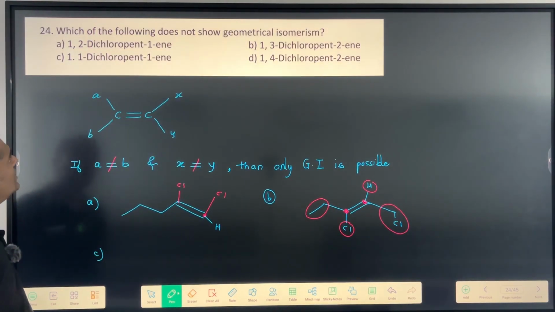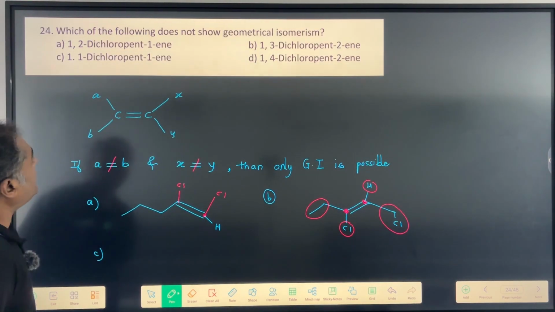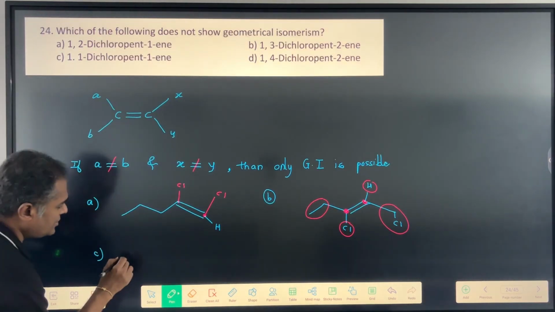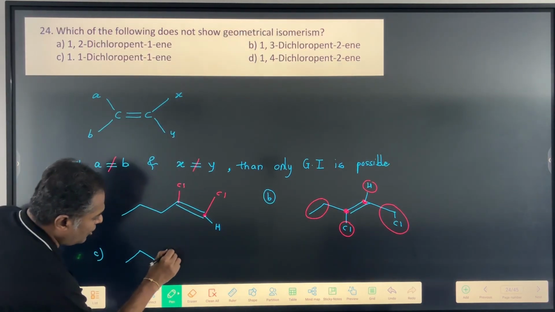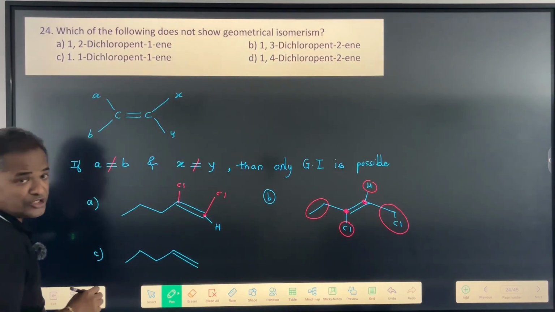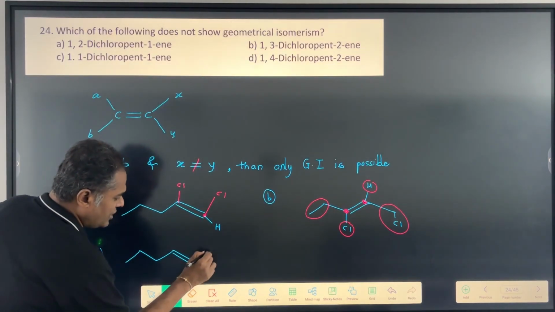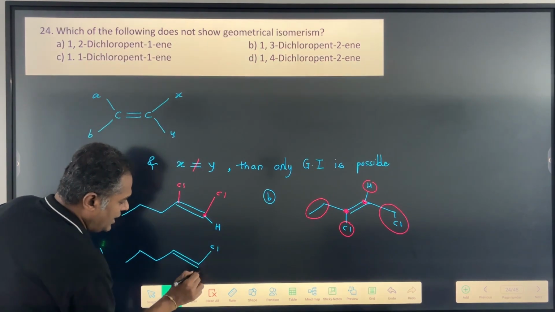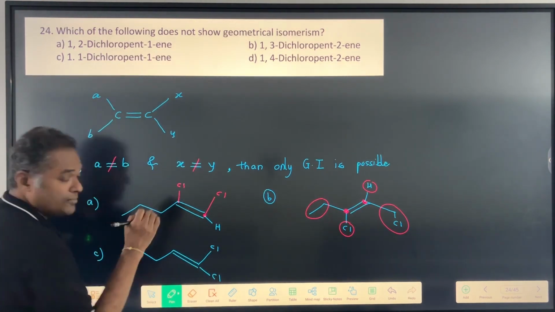See, 1,1-dichloropentene. Now pentene, when you draw, this is one ene, and on the first position you have got two Cl groups. So here you have got one Cl and here you have got another Cl.